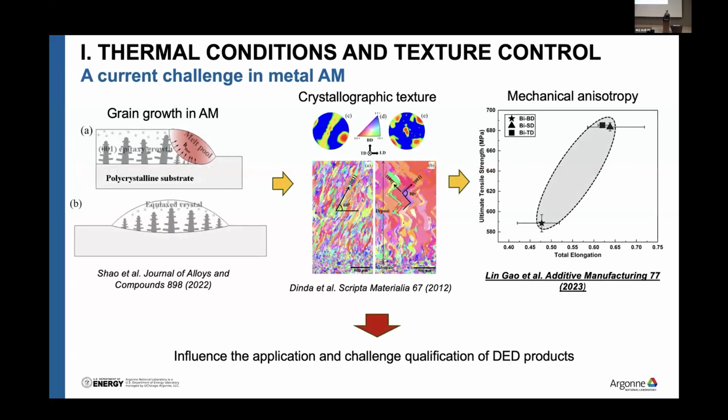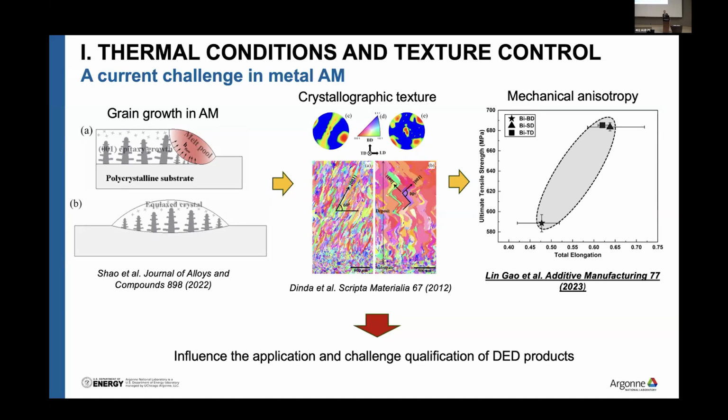We know a current challenge in metal additive manufacturing is the coarse microstructures and the strong crystallographic textures. Because of the steep temperature gradient inside the melt pool, it promotes grain growth during the rapid solidification process of wire laser DED. All these grains preferentially grow along a specific direction, therefore resulting in a very strong crystallographic texture of the printed sample.